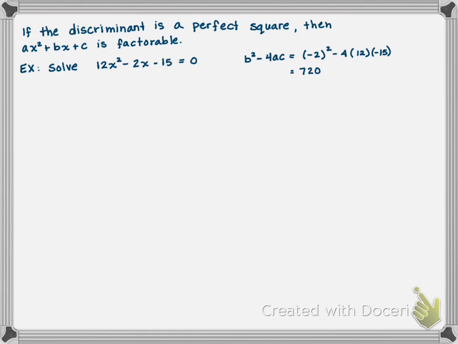Last time I took one person's word and it was wrong. So 720, is that a perfect square? Well, how can we tell if that's a perfect square? Yeah, you just take the square root on your calculator, and if you get a decimal, or if you have a calculator that simplifies square roots and you get something that's still a square root, then it's not a perfect square. And if you get a whole number, then it is a perfect square. Is that a perfect square? No. So this is not a perfect square.